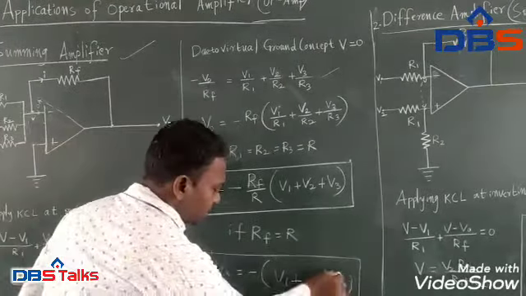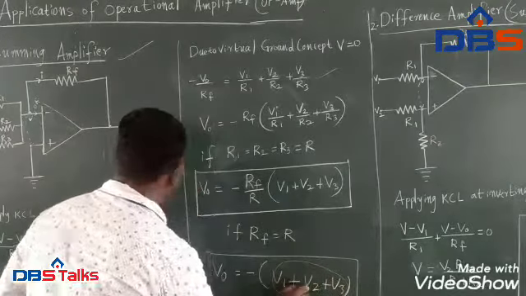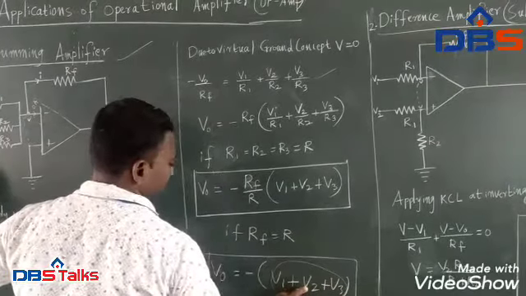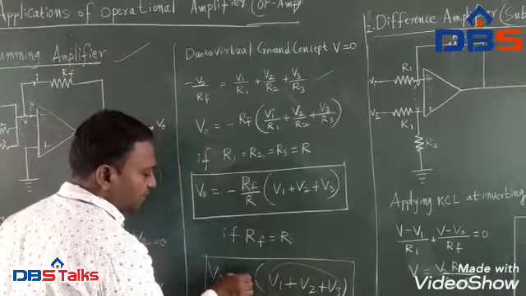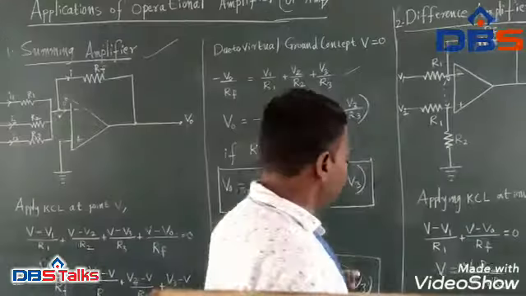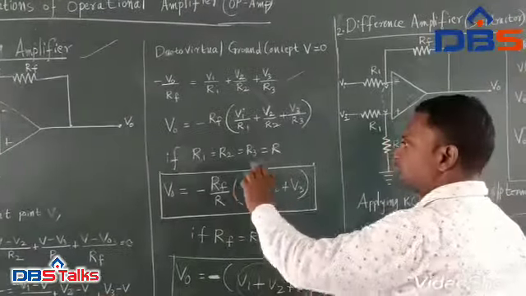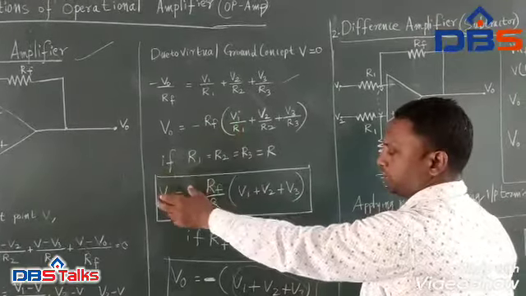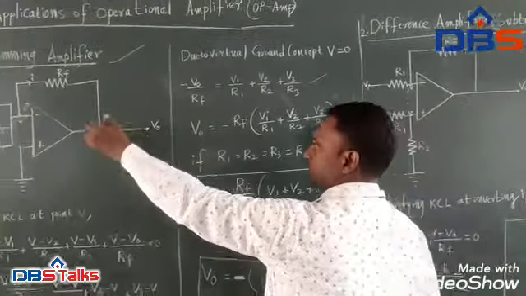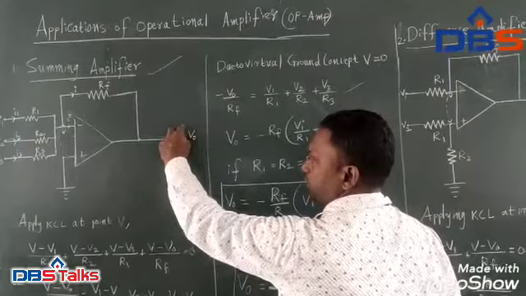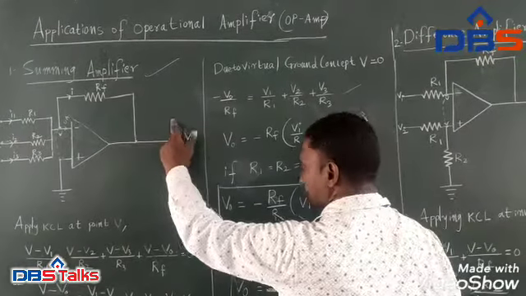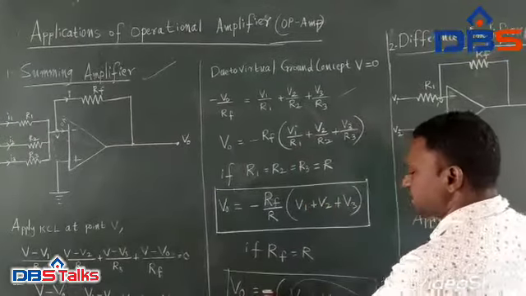What can we understand? The output voltage is the sum of the three input voltages. This minus sign indicates the phase reversal of the output voltage with respect to the input voltage. Suppose the input voltage is positive, you get negative here. If the input voltage is negative, you get positive here. So this minus sign indicates that.